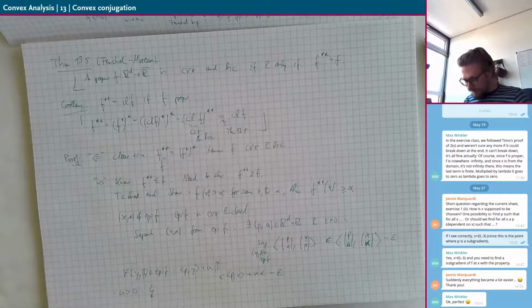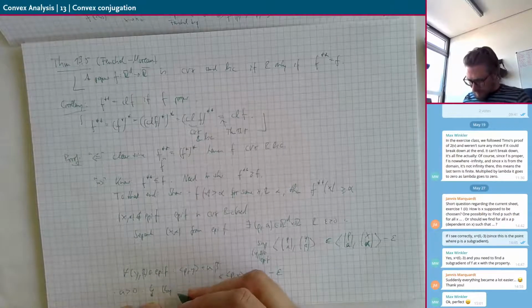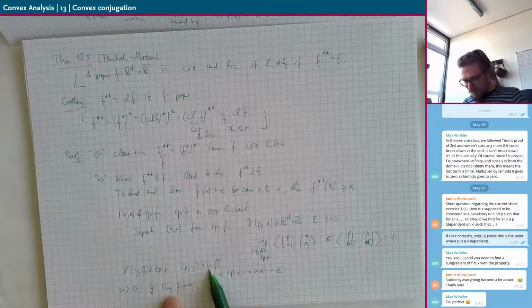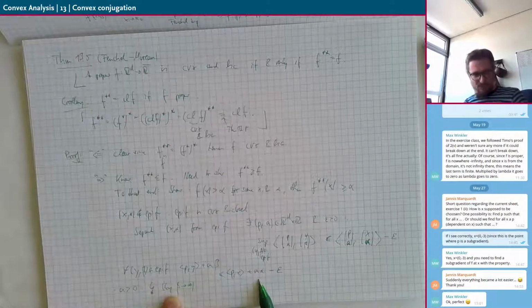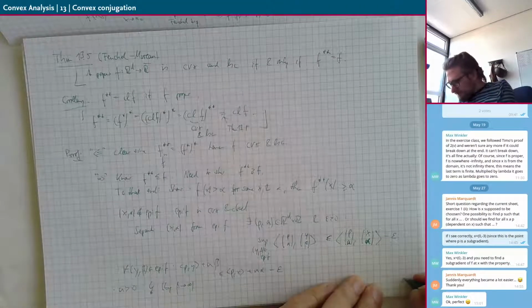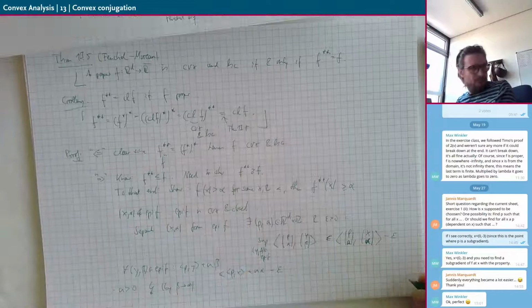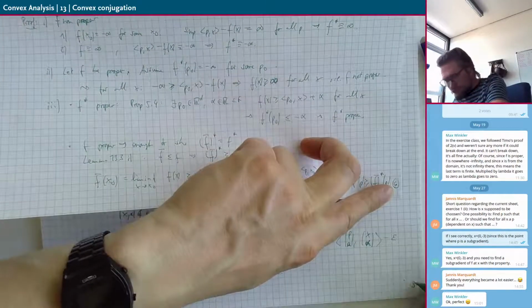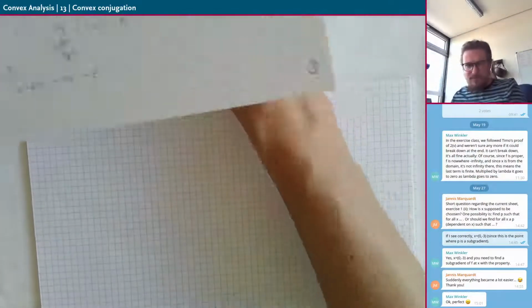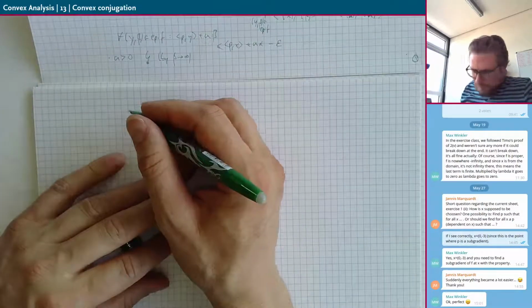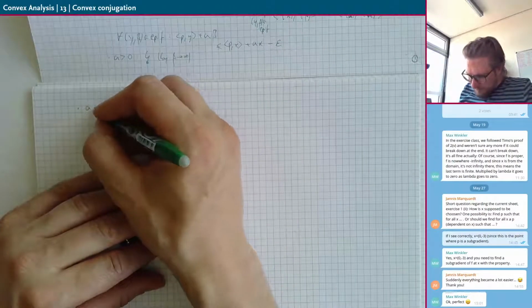This is a contradiction: by beta going to infinity the left hand side goes to infinity, but that can't be because it's bounded. Okay, so that was that step. So we have the case a is smaller equal 0.